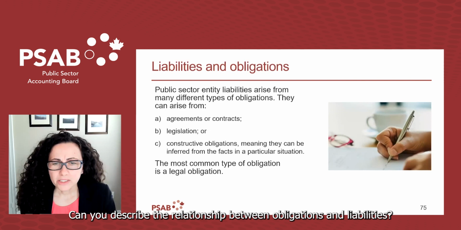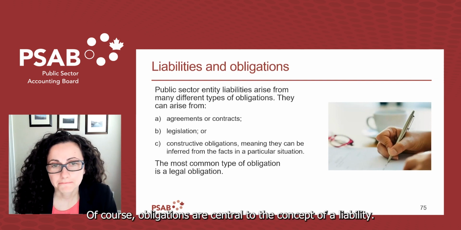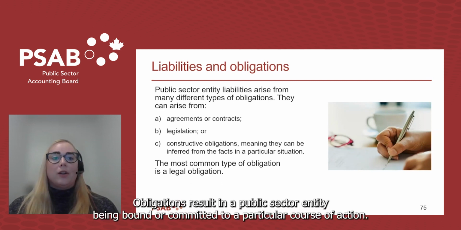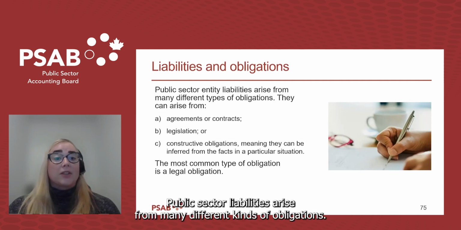And Riley, can you describe the relationship between obligations and liabilities? Of course. Obligations are central to the concept of a liability. Obligations result in a public sector entity being bound or committed to a particular course of action. Public sector liabilities arise from many different kinds of obligations.